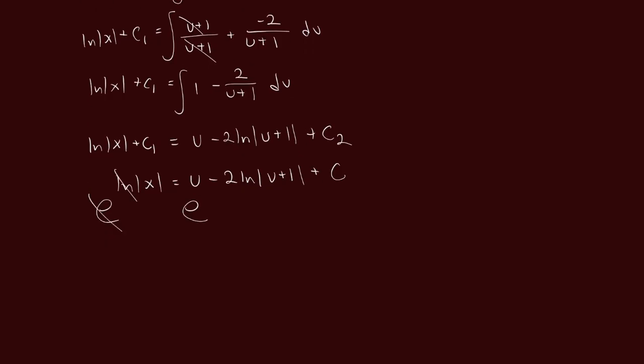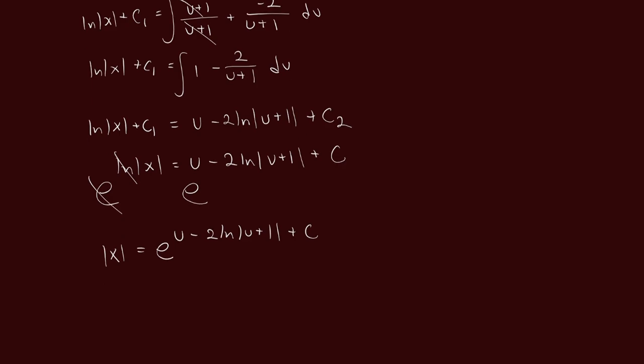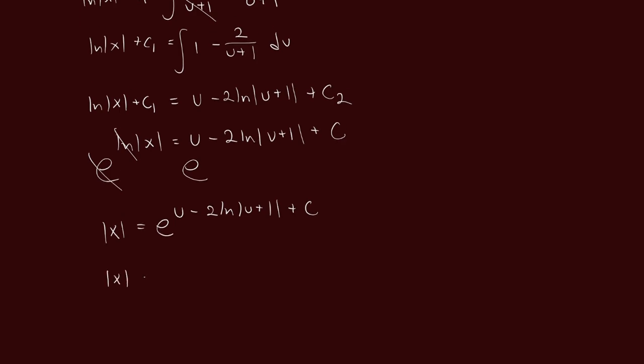So this and this cancel out. So we just have the absolute value of x equals e to the (u minus 2 ln of (u plus 1) plus c). Okay, so this is the same thing as e to the u times e to the (minus 2 ln of (u plus 1)) times e to the c.